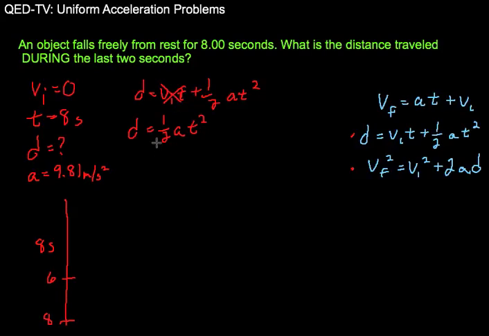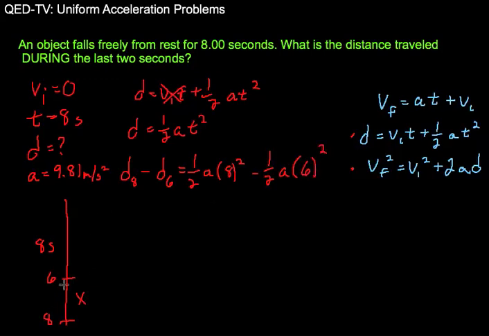So maybe we can do that both at the same time if we think about it. I could say the distance that it takes to fall to the 8th second, subtract the distance that it takes to fall to the 6th second, will be this distance down here. So what would that be? That would be 1/2 times a times 8 squared, minus 1/2 a times 6 squared.